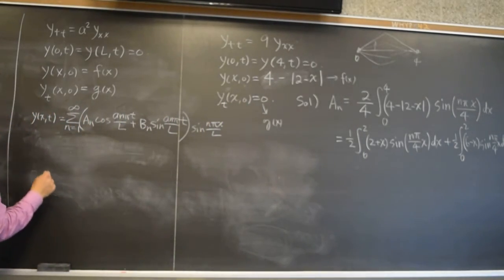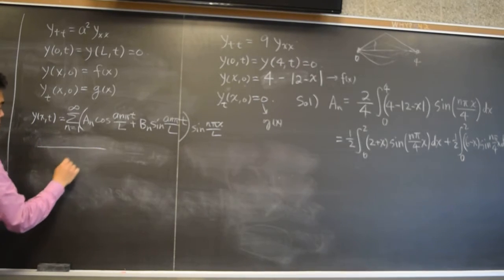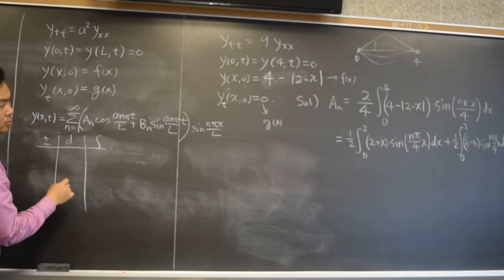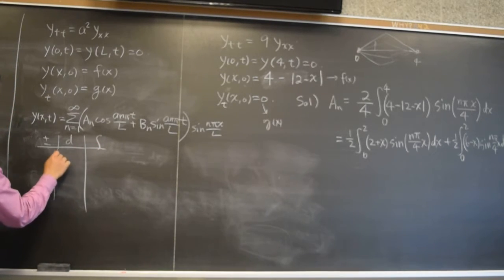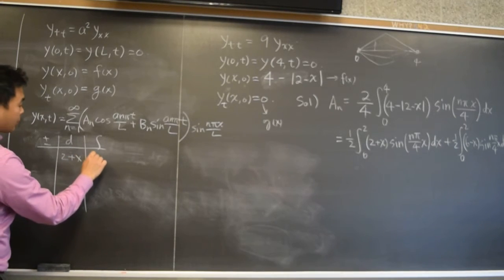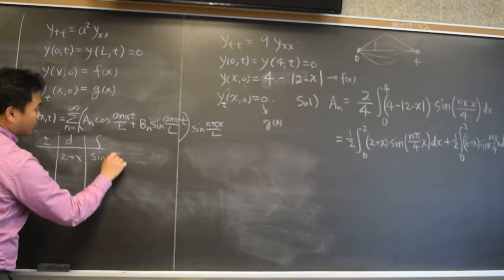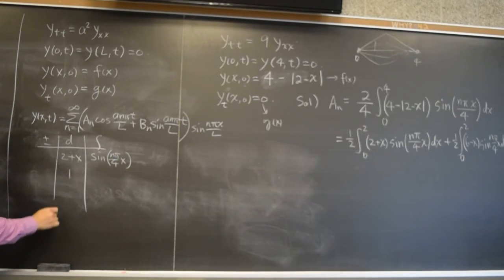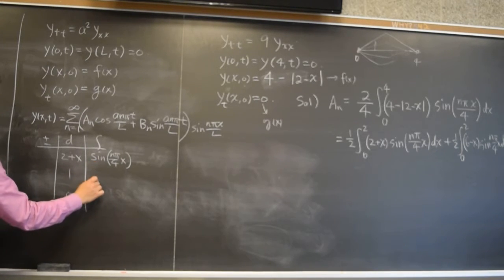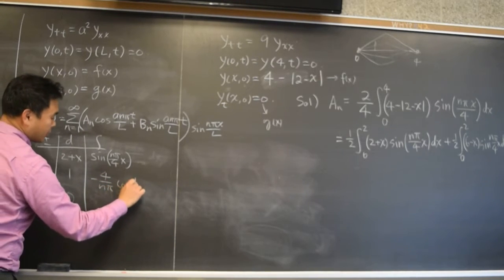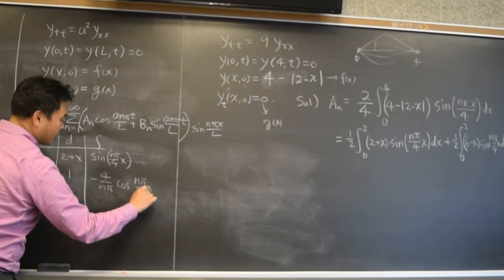Let me compute it here. So for the first integral, you need plus minus, d, integral, and you have 2 plus x, and then sine n pi over 4 x. Now if you differentiate this, it's 1. If you differentiate this, it's 0. If you integrate this, that's negative 4 over n pi cosine n pi over 4 x.